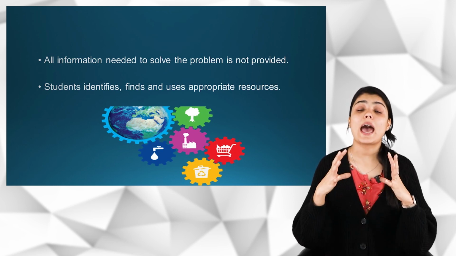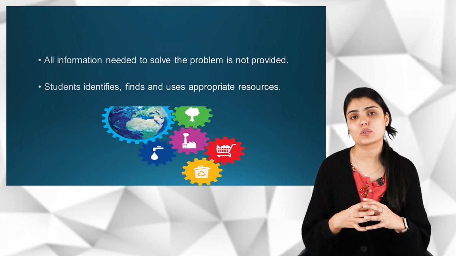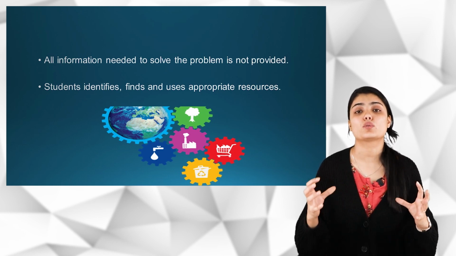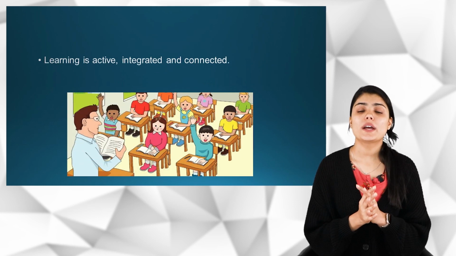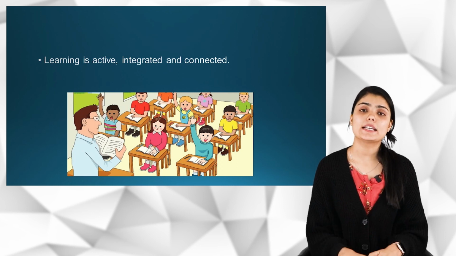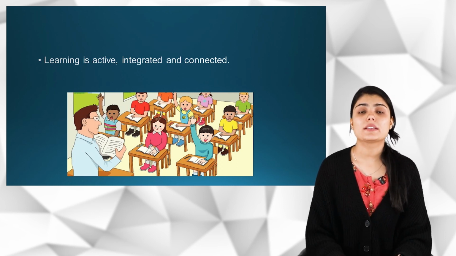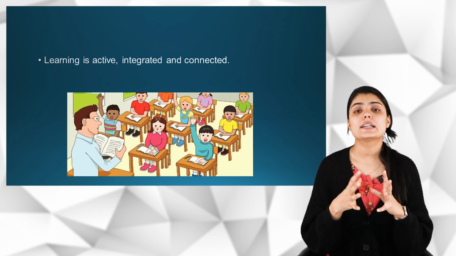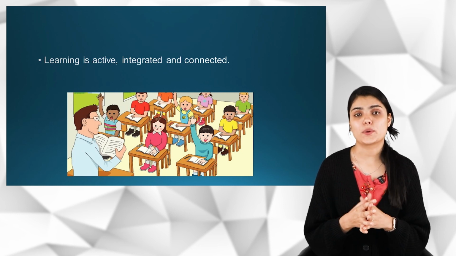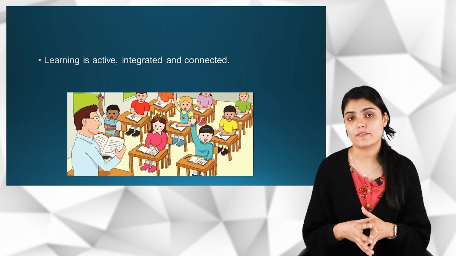And finally, they have to have a knowledge and idea about how to use those resources appropriately in order to solve the problem. Next one, we have learning is active, integrated and connected. So of course, as we have been seeing, learning here in the problem-based learning method is a student-centric and an active process where the students are actively involved to find the solution of the given problem.